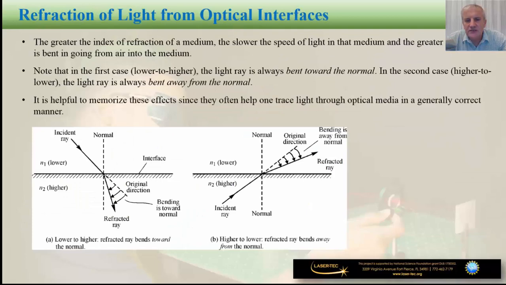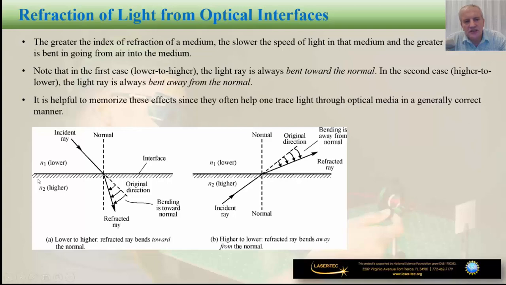Let's now look at the physical specifics of light refraction, or bending of light. Now that we know a little bit about the index of refraction being an important parameter, we want to look at two cases here. On the left-hand side, you can see two media separated by this boundary. We have a medium above the surface that's characterized by the index of refraction N1, and the medium below the boundary is characterized by the index of refraction N2.